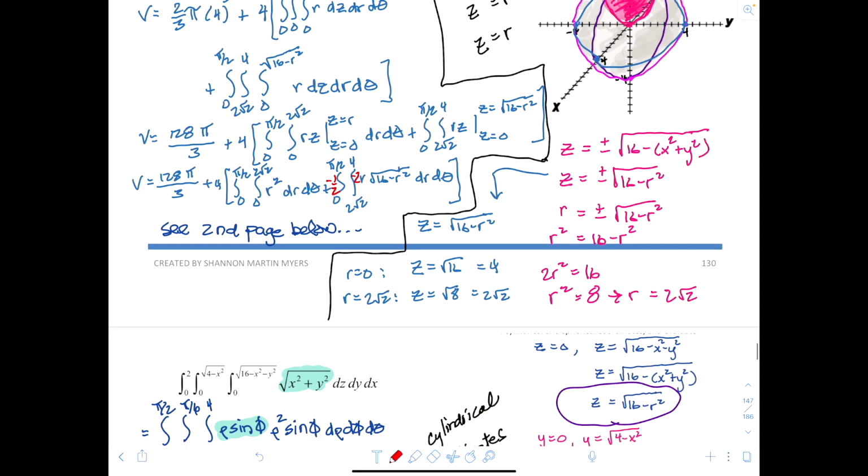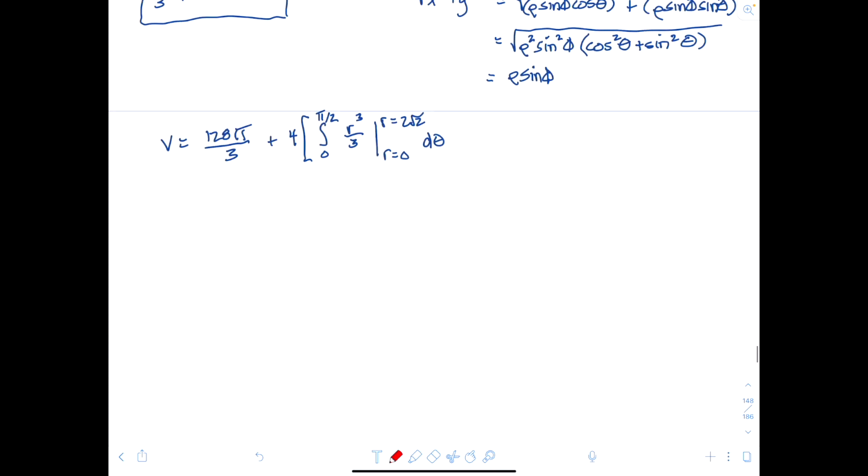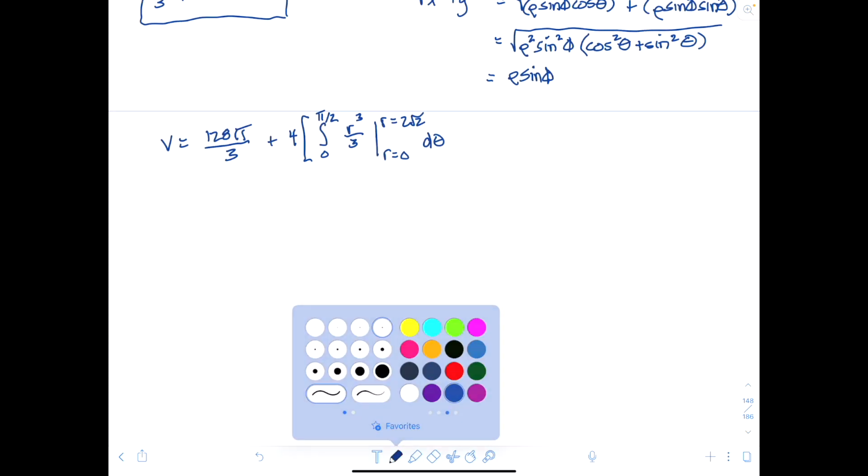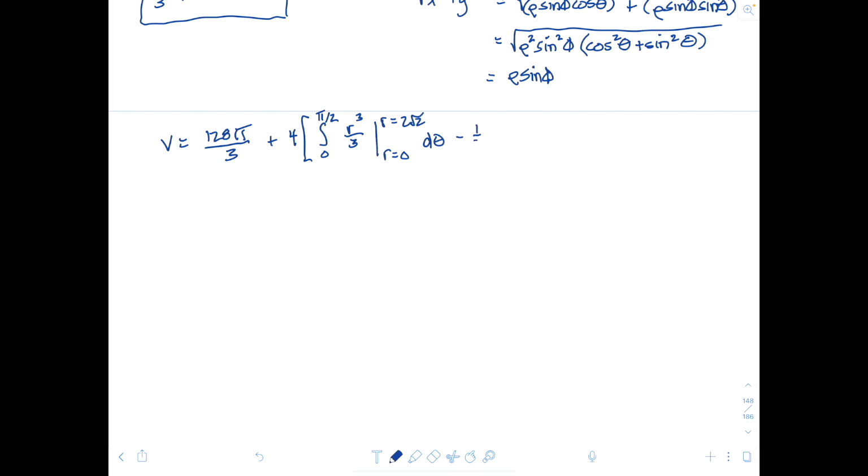So I will have minus 1/2 integral 0 to pi over 2 of the quantity 16 minus r squared to the 3/2 over 3/2, because I had a square root, and that's going from r is 2 root 2 to r is 4, and I still have a d theta left.